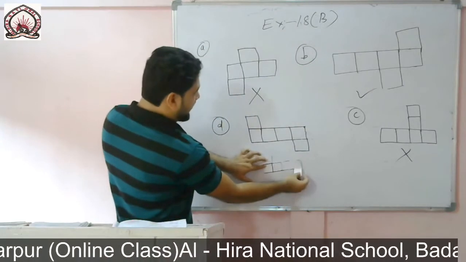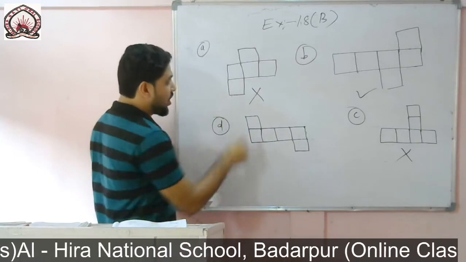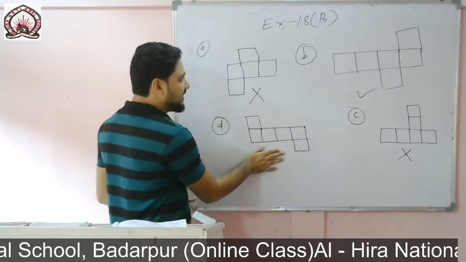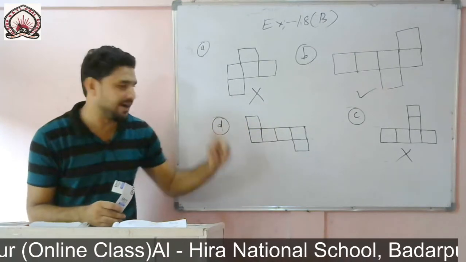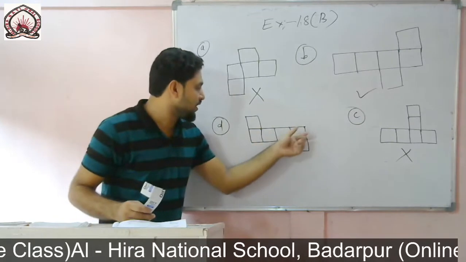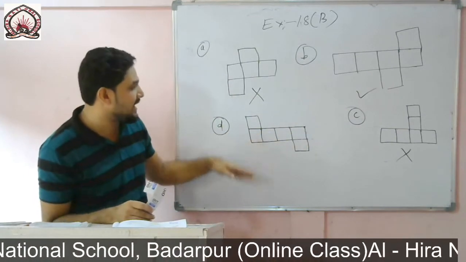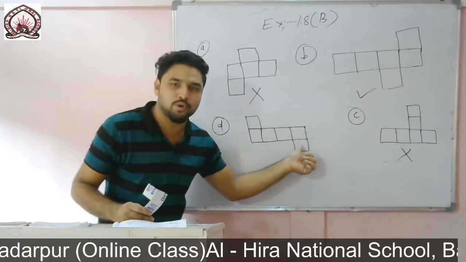You just check 1 2 3 4 5 6. So 6 faces are there, 1 top and 1 bottom, base or bottom is there. So in this case it is possible. From this we can understand that horizontally 4 sides should be there, and 1 top and 1 bottom should be there.